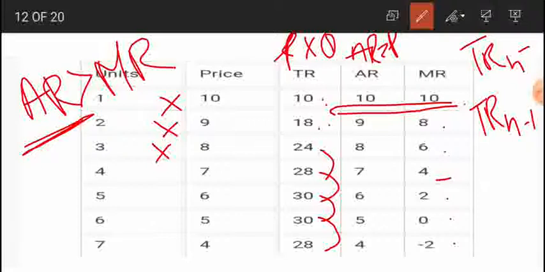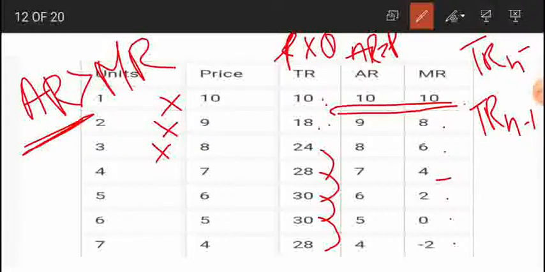So what we can say, AR will be greater than MR. Secondly, MR decreases at faster rate. MR may be zero, may be positive, may be negative, but AR will remain always positive because it is the price of the commodity, and price of the commodity can never be zero, can never be negative.